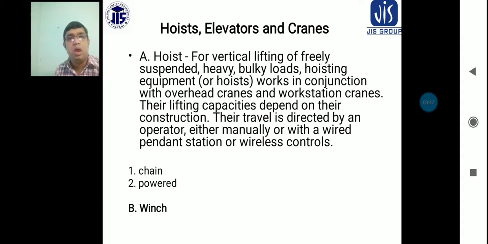This requires skilled operators, who operate the hoist properly. Sometimes the hoist is controlled manually, and chain power is also required for the hoisting equipment.